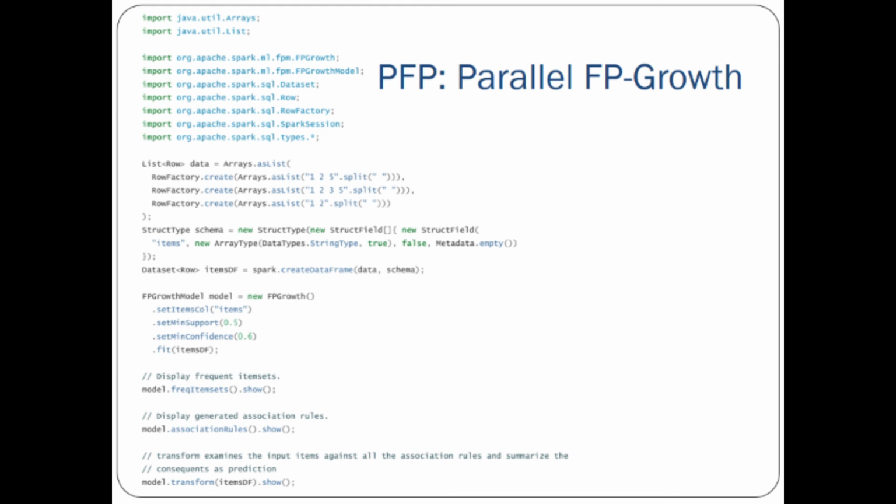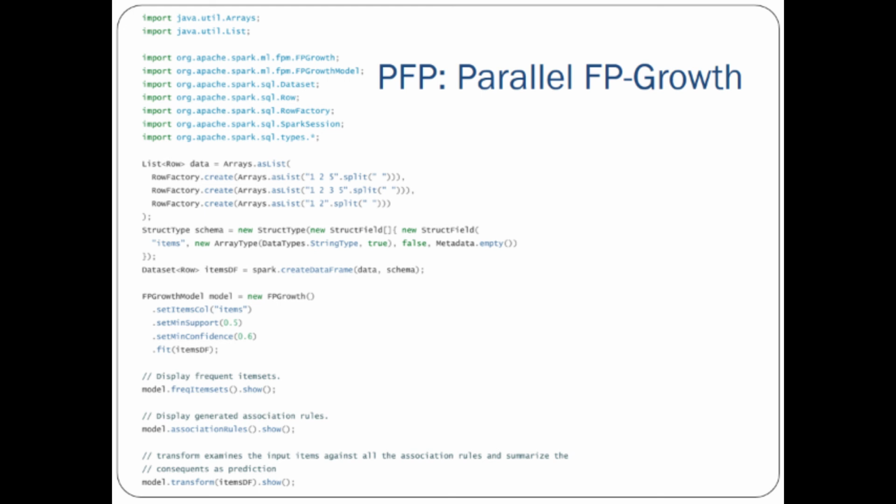org.apache.spark.ml.fpm.FPGrowth. So you call that library, and then you pass the parameters: items should be there, 0.5 minimum support should be there, and 0.6 minimum confidence should be there. And then you fit the items according to the data set you had defined.